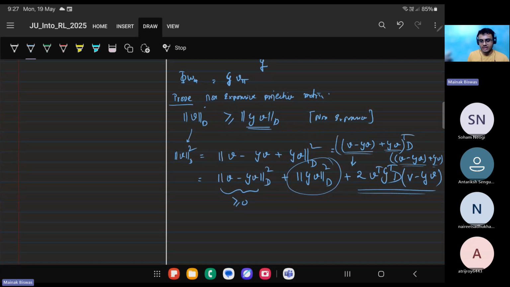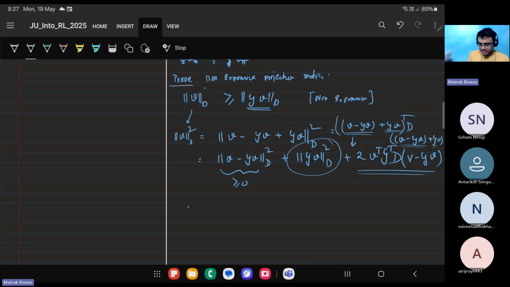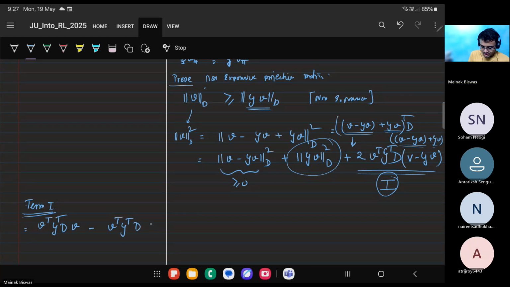So now let us try and write this V transpose G transpose D. Let us look at this term, term 1, which is equal to V transpose G transpose D V minus V transpose G transpose D GV.